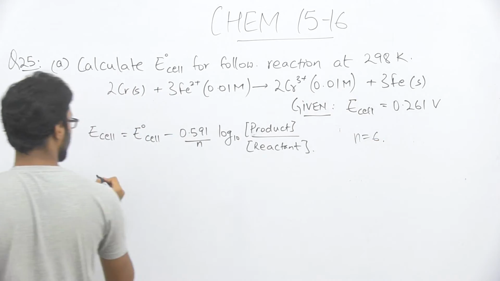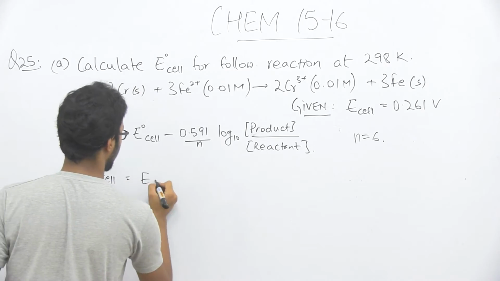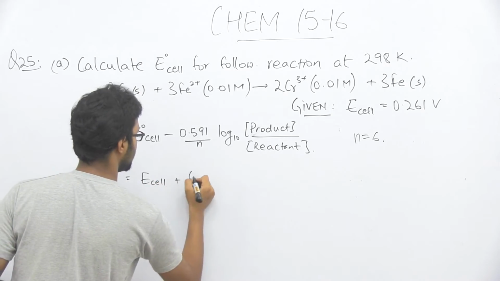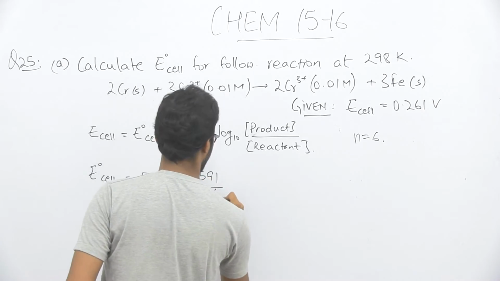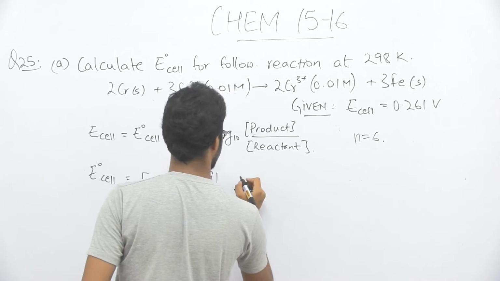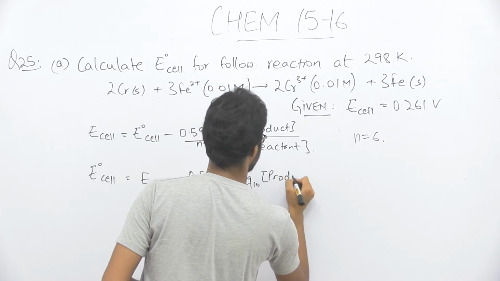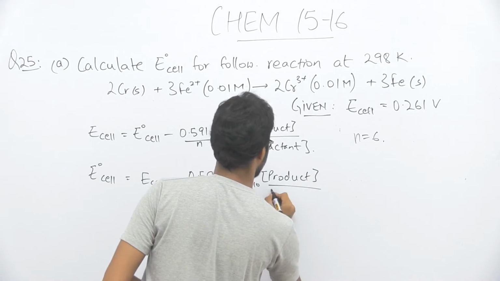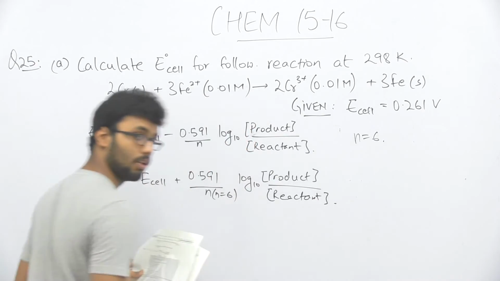Now we can see E naught of cell should be E of cell plus 0.591 over n, and n equals 6, into log to the base 10 concentration of product over concentration of reactant. Now let us solve these.